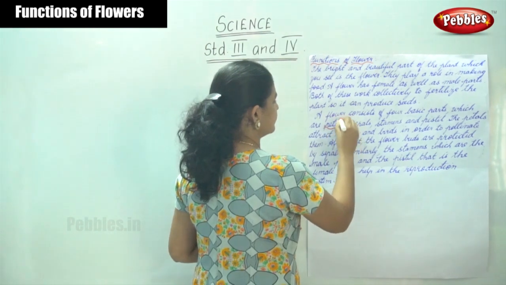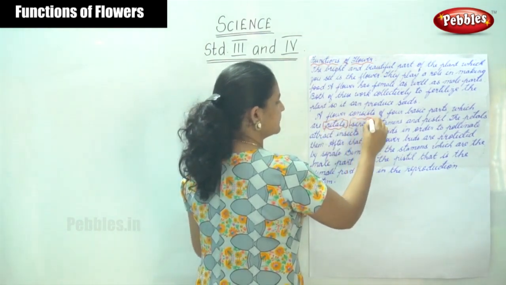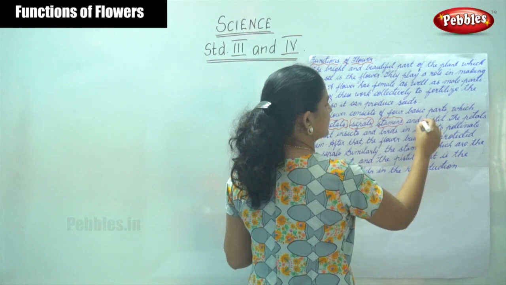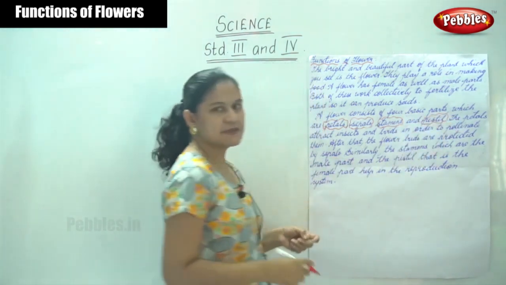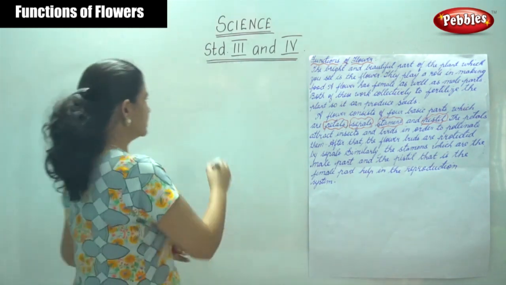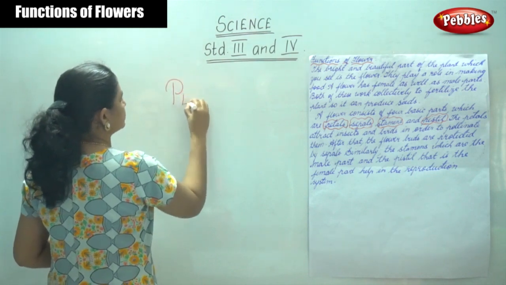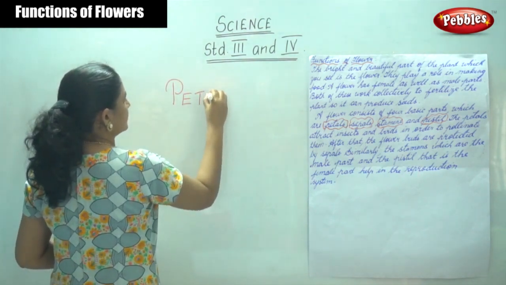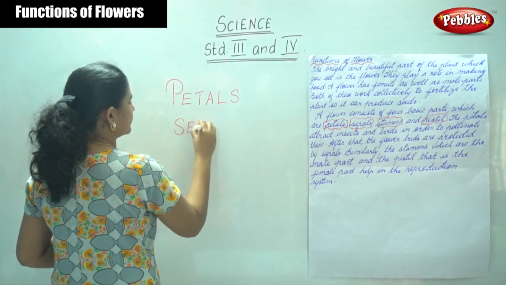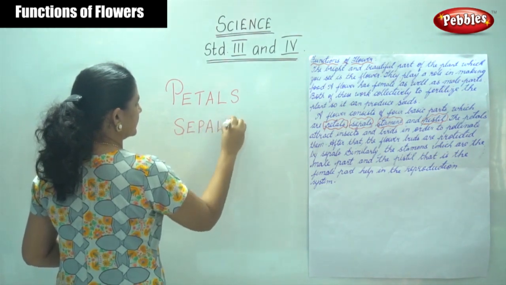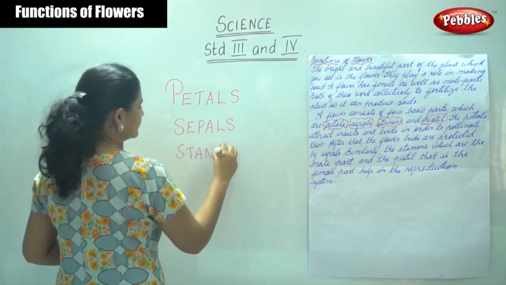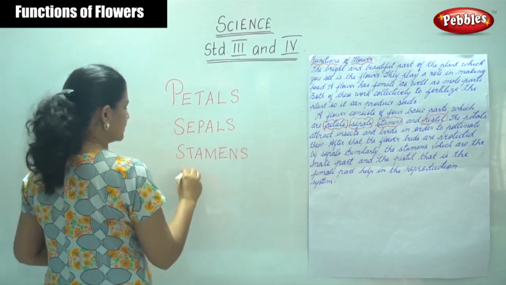They are the petals, the sepals, the stamens and the pistil.